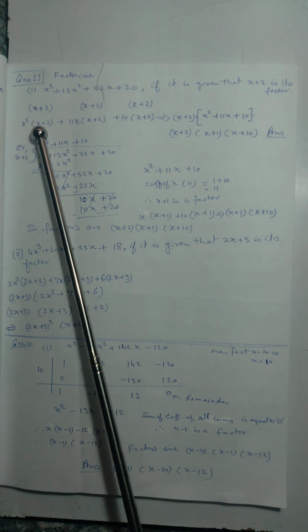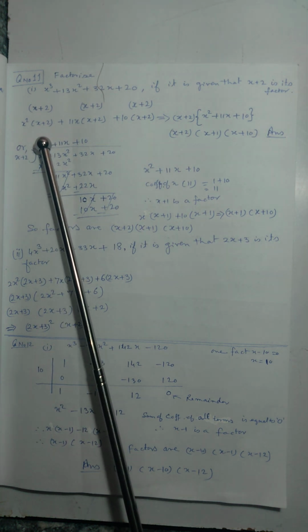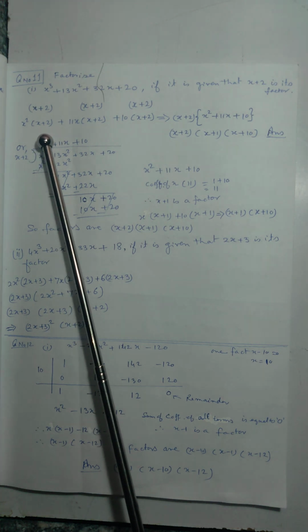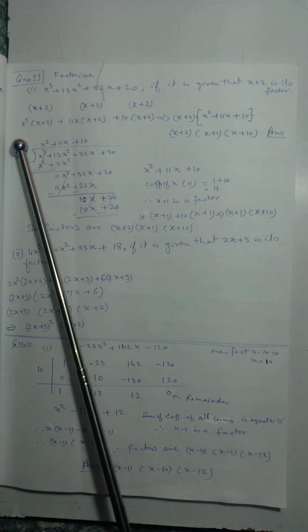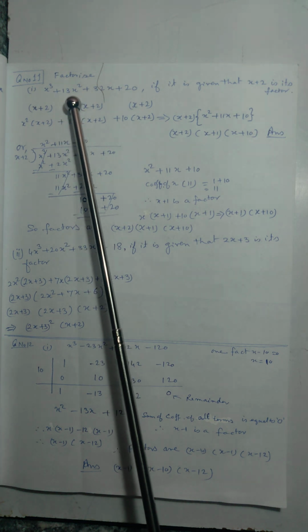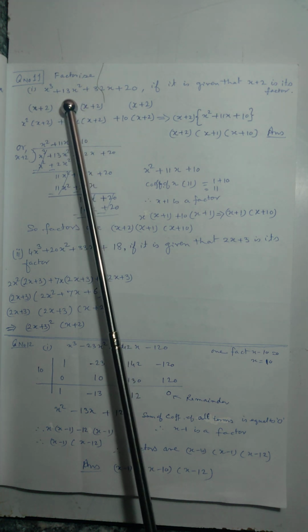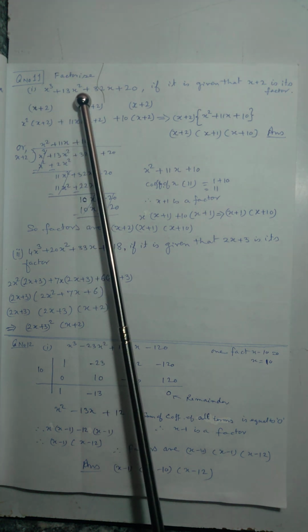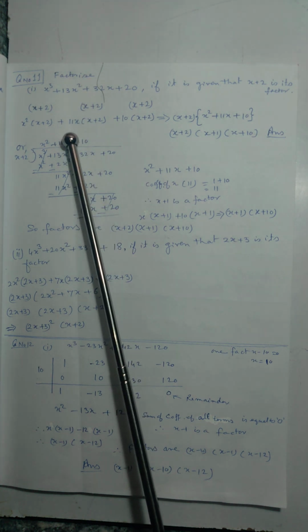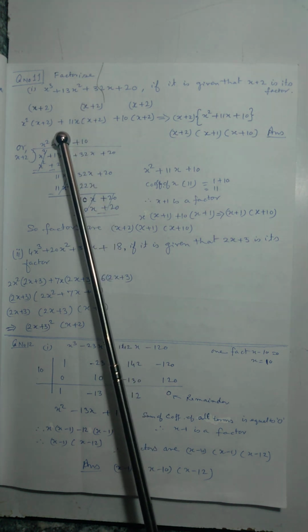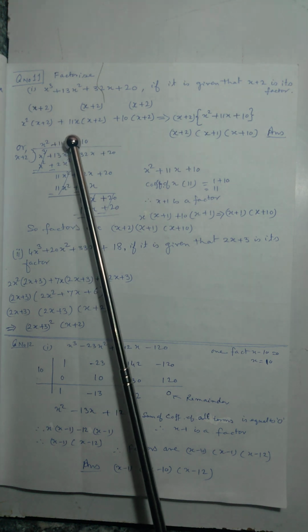When we multiply x square with x, you will get x cube. Side by side, you will get 2x square. But you need how many x square? You need 13x square. So what I have done here, in the next term, I have plus 11x.